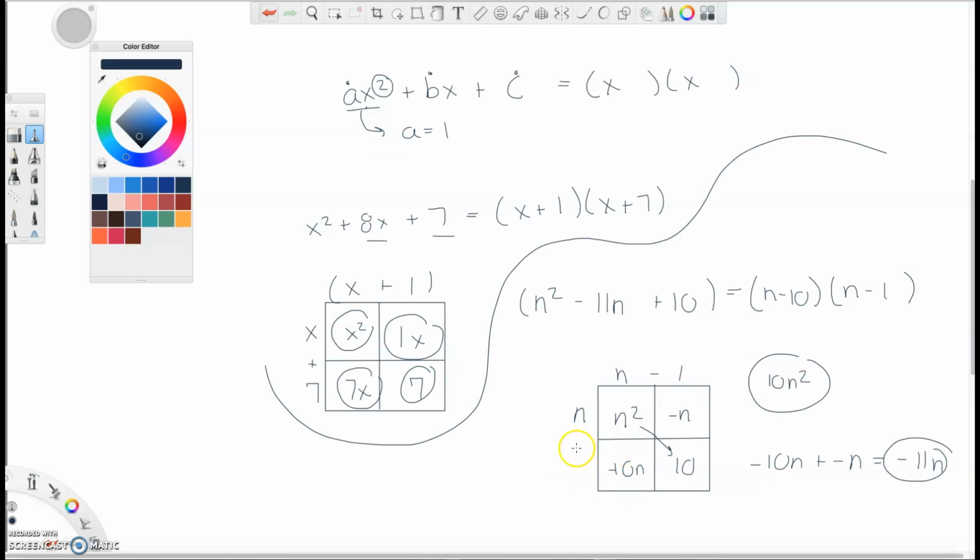That should be minus 10. So n times n gives me n squared. n times negative 1 gives me negative n. Negative 10 times n gives me negative 10n. And negative 10 times negative 1 gives me positive 10. We have completely factored out our answer and solidified our solution as n minus 10 times n minus 1.